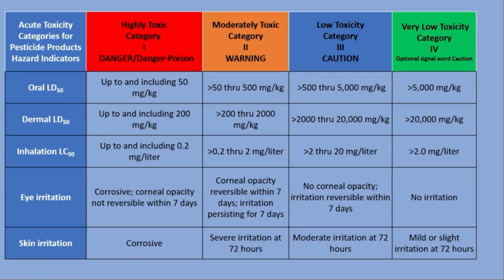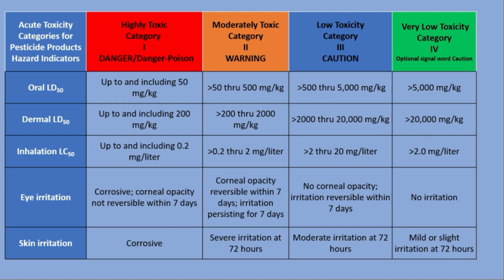Let's take a look at the acute toxicity categories for pesticide products hazard indicators. As you can see, we've got 4 columns on this chart. First, we have in red, highly toxic, category 1, danger/danger poison. In category 2, we've got moderately toxic, category 2 warning.